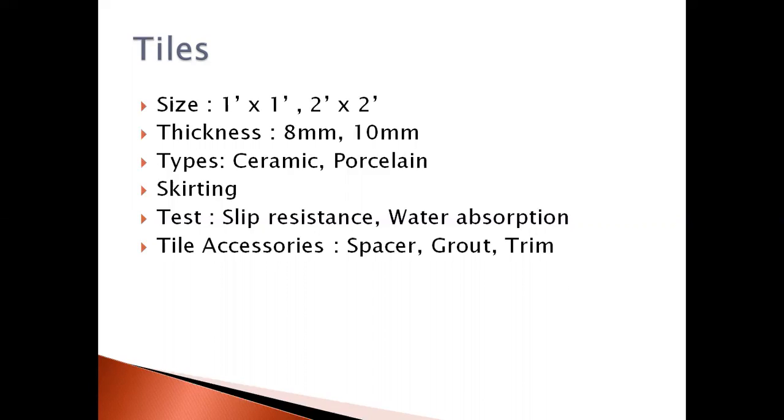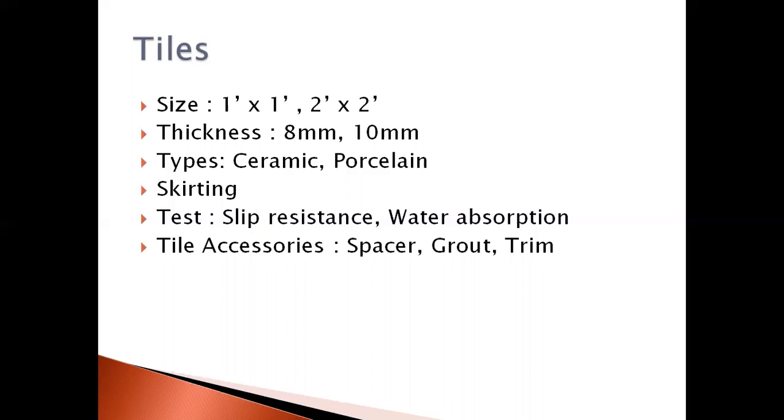So this is all about floor tiles and skirting. In some areas, we'll have tiles on the wall also, like in bathrooms, kitchens, and in front of the house. At that time, we have to use some additional material called tile accessories.